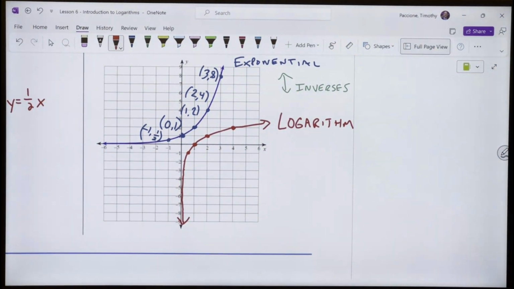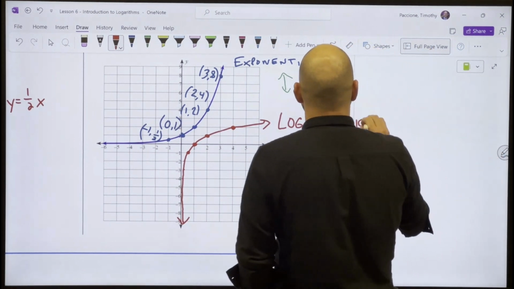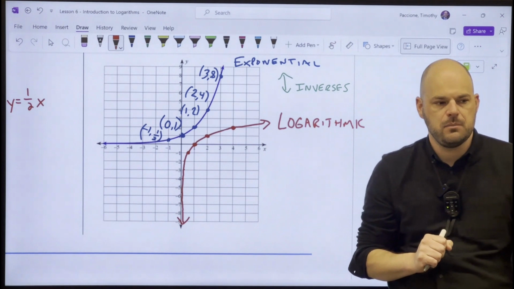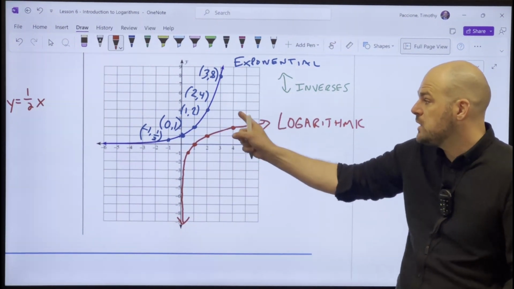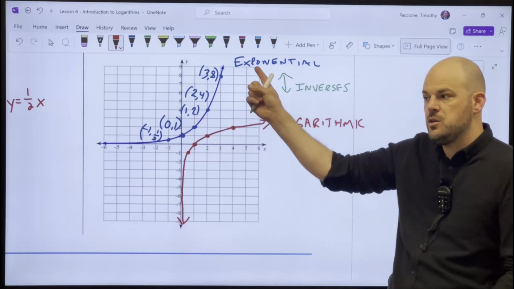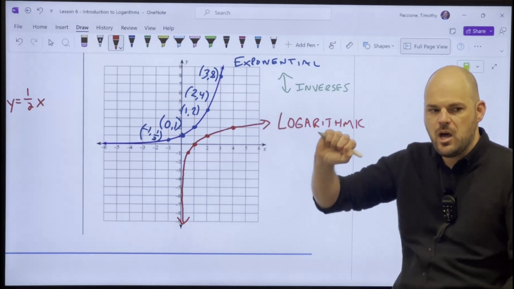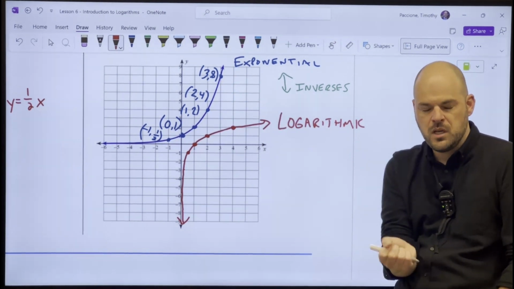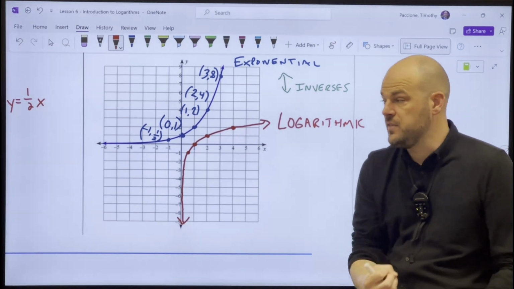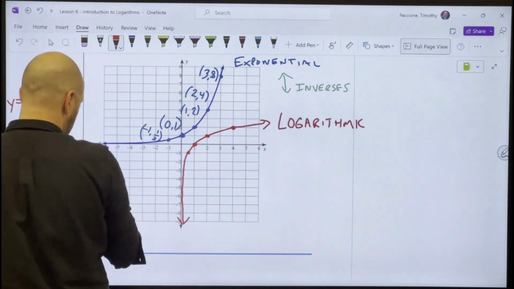Okay? And that is how we're going to find that missing piece. So these have a relationship. Therefore, if you know this one, you could find this one. If you know this one, you could find this one. And that will help us because we can change some forms and get the x or the y or whatever out of the exponent, okay?